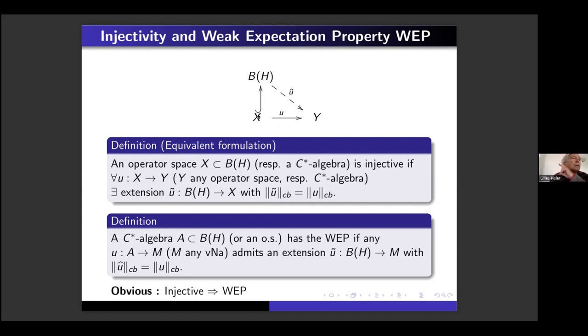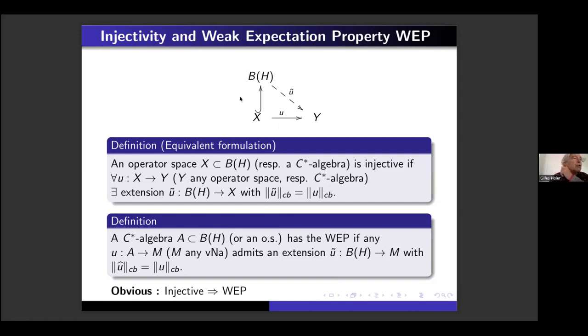This is true now. There is a subtlety here that you have to catch. This is true because if X is injective, and you can sort of go back from one diagram to the other, it will tell you that X is complemented inside B of H by a projection of CB norm 1.